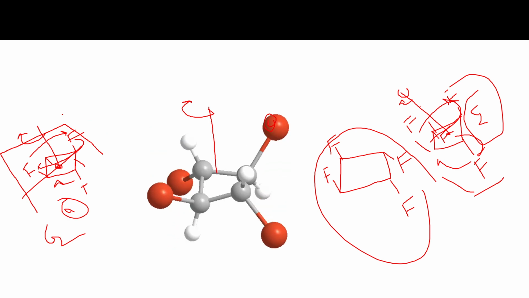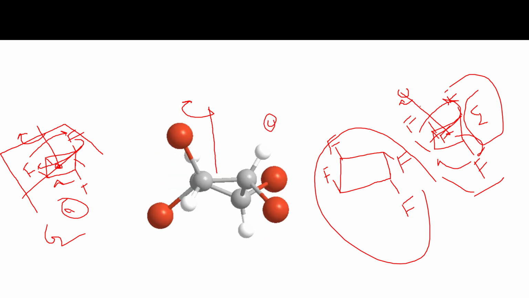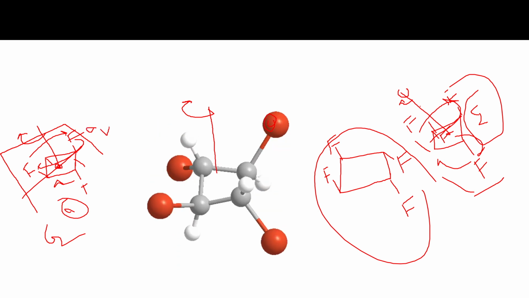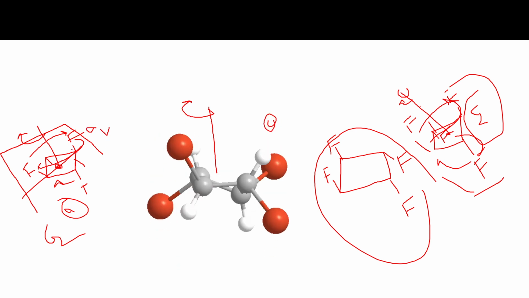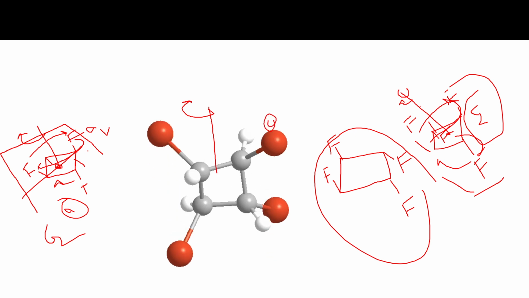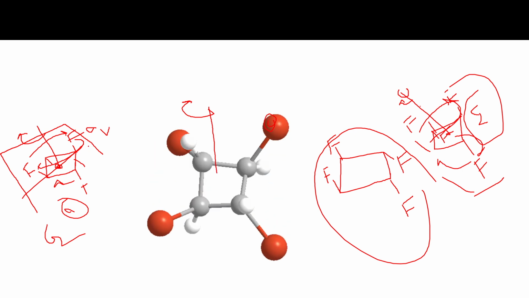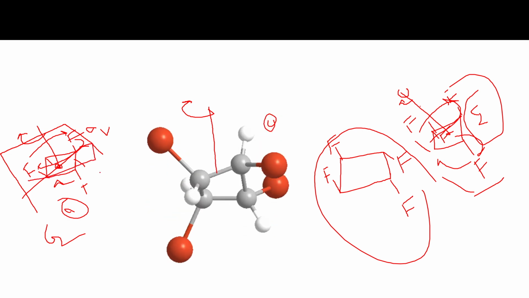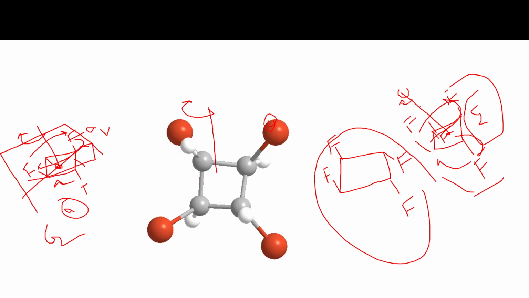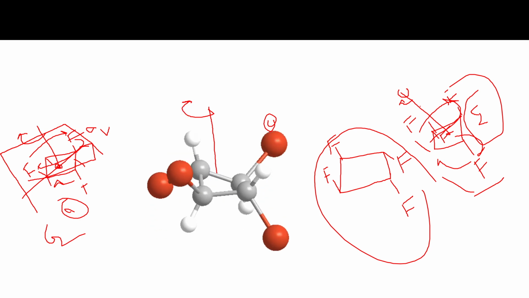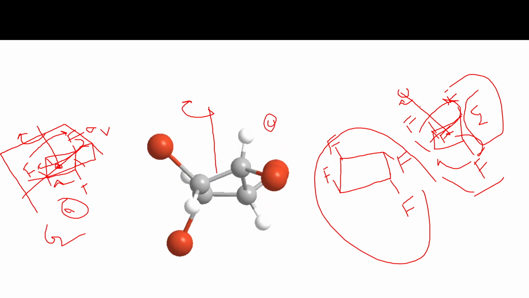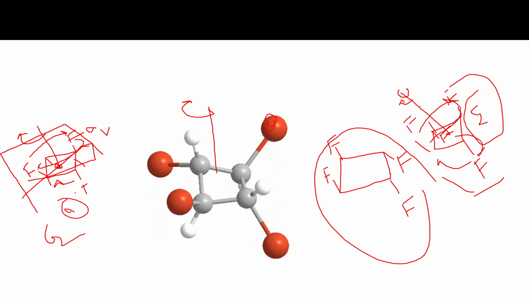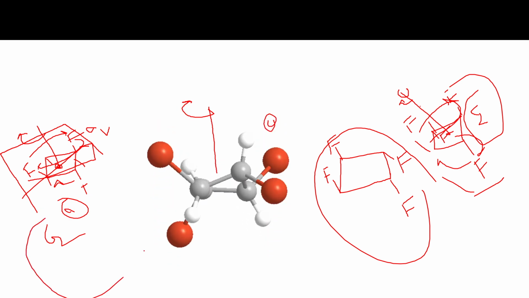So there will be one sigma v plane present which contains the principal axis. Will there be sigma h present or not? Sigma h like this. If your plane is like that, cutting through the bond, the lower one will have no fluorine, so there will be no sigma h present in this molecule. So only sigma v and C2 are present. Then what should be the point group of this molecule?